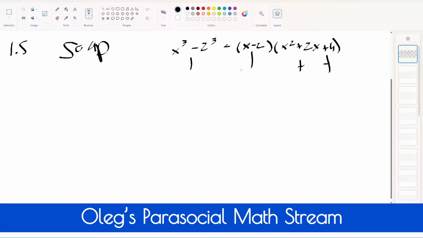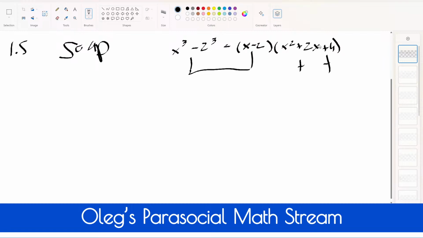So it's going to be same, opposite, always positive. So the negative is the same in the first one, and the last part is always positive.